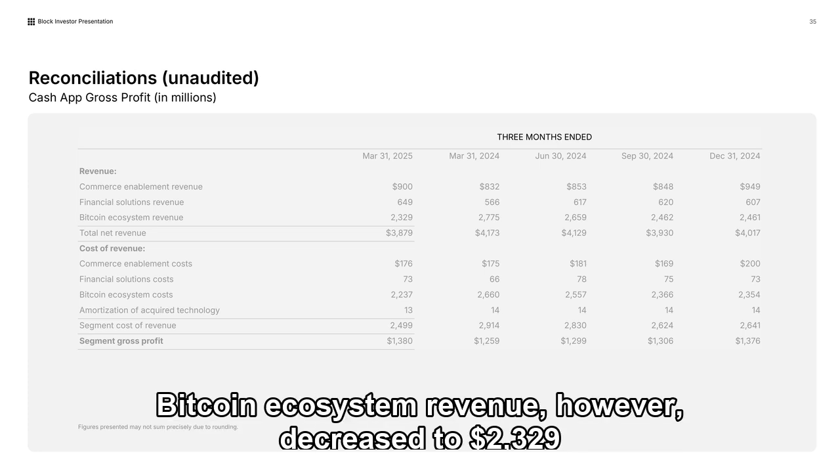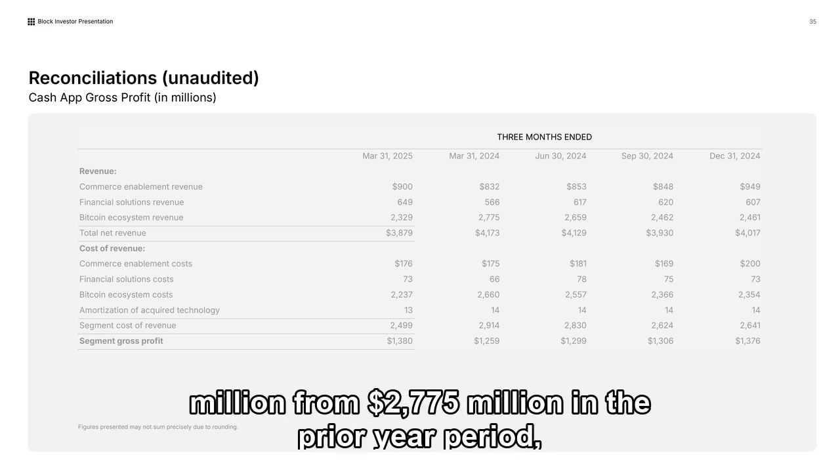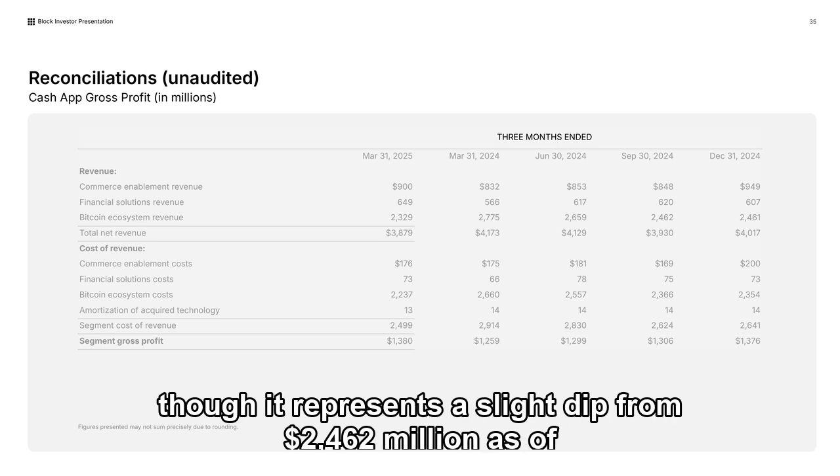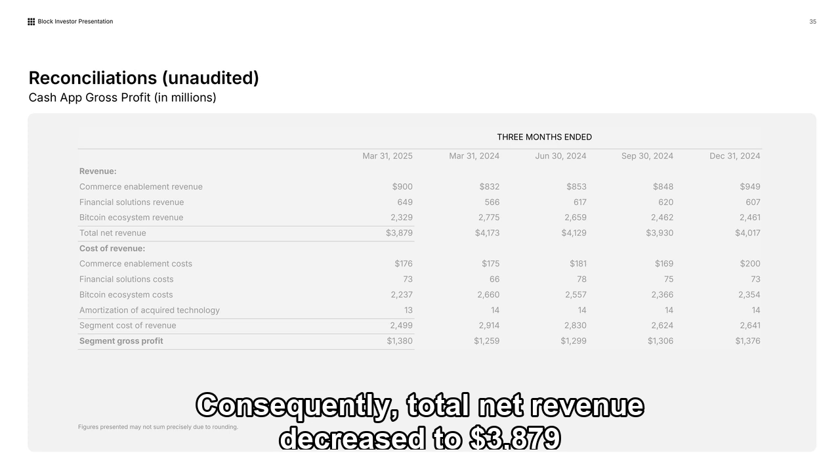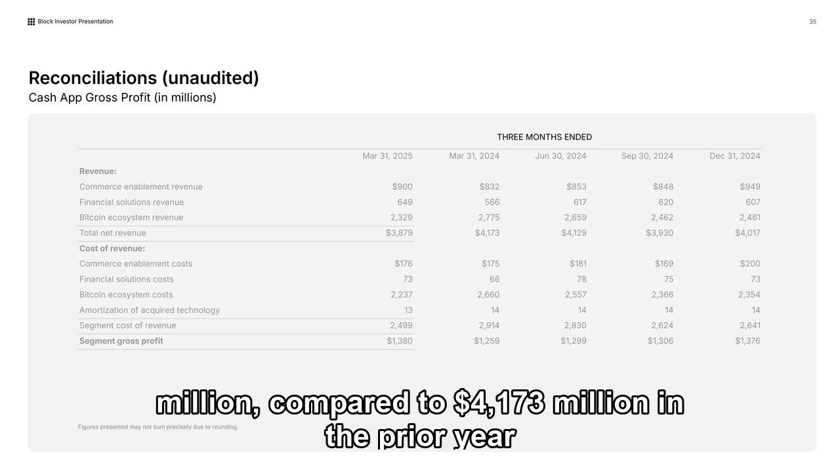Bitcoin ecosystem revenue, however, decreased to $2,329 million from $2,775 million in the prior year period, though it represents a slight dip from $2,462 million as of September 30, 2024. Consequently, total net revenue decreased to $3,879 million, compared to $4,173 million in the prior year period.